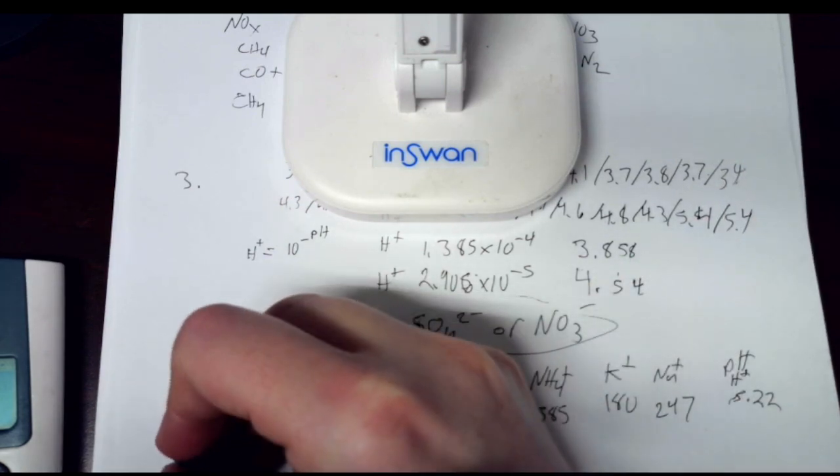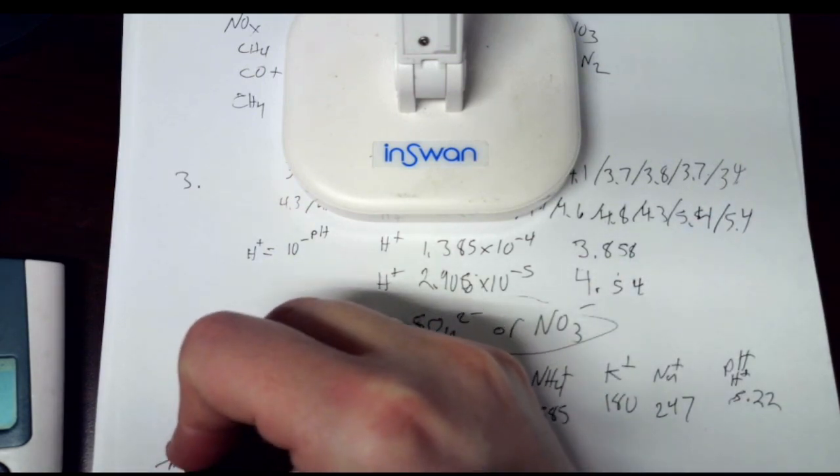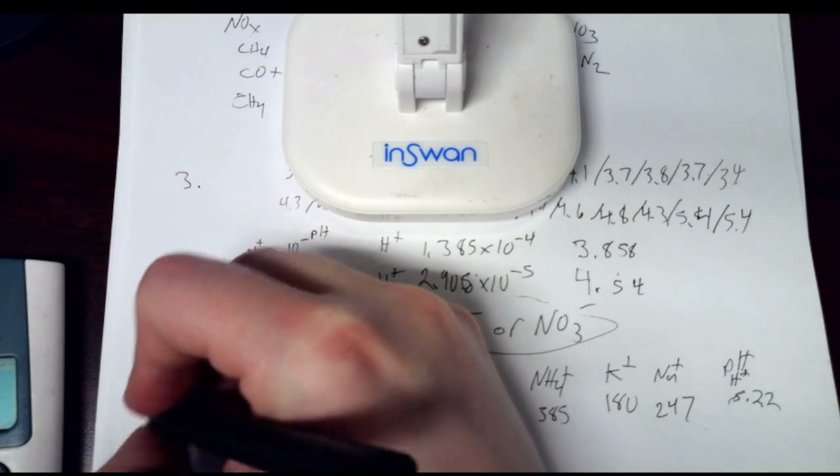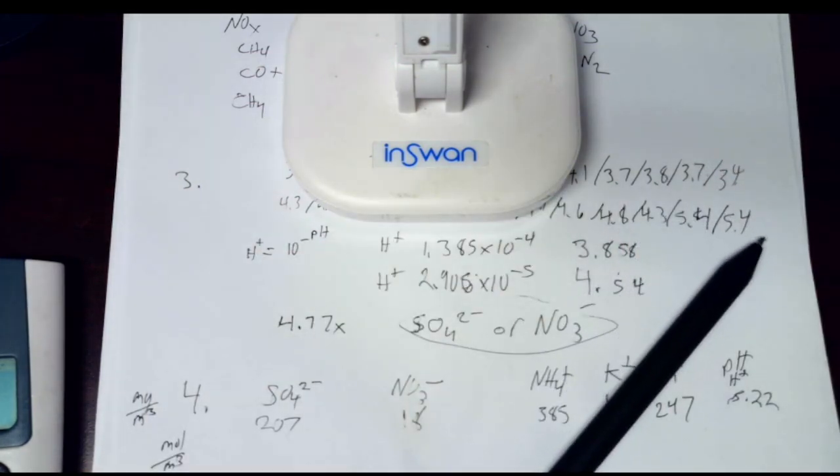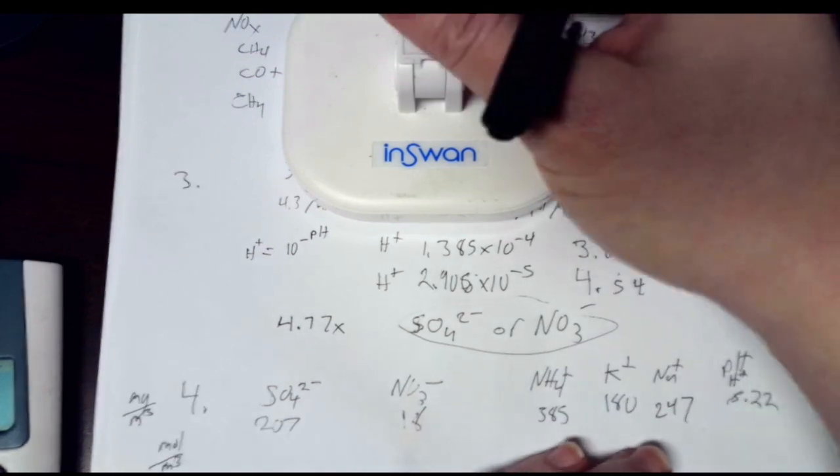And we need to find this in moles per meter cubed from milligrams per meter cubed. Okay, with that in mind, step 1, use molar mass. So that's actually the most straightforward thing.